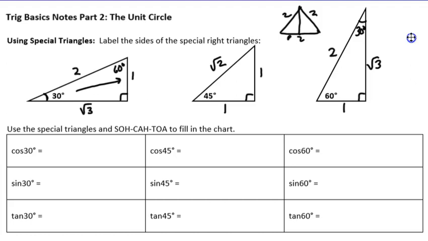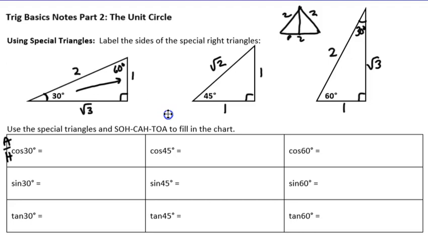Now we're going to use these ratios to find cosine, sine, and tangent of 30 and 60 and 45 degrees. So looking underneath the 30-degree triangle, we need to remember Sohcahtoa. When we see the CAH, that reminds me that cosine is found by doing adjacent over hypotenuse.